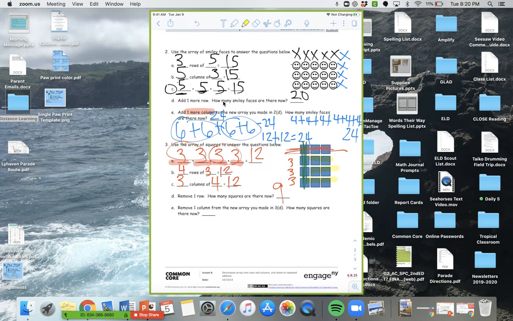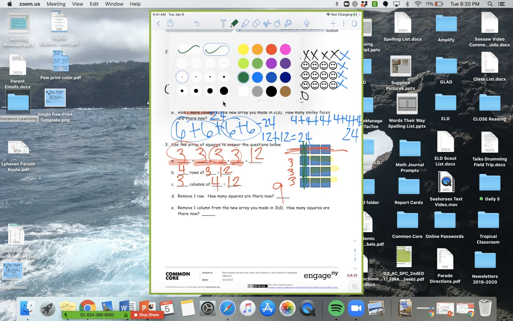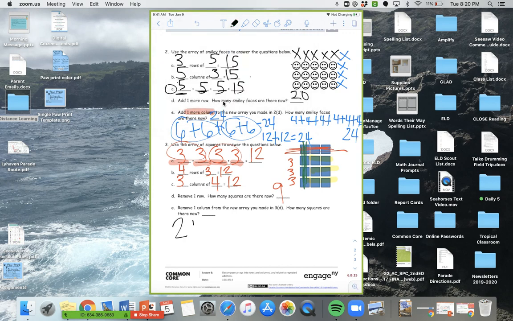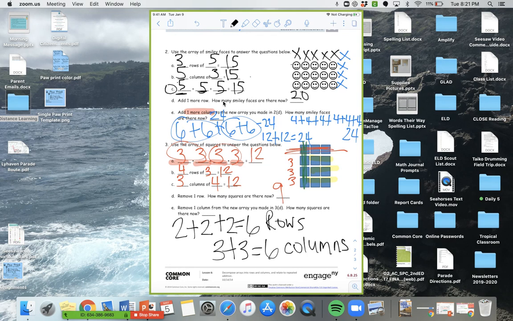So I could use the repeated addition equation that says 2 plus 2 plus 2, which is the columns, which equals 6. I'm sorry, the rows show 2 plus 2. Sorry, this is rows. And then 3 plus 3 would be the columns. Okay? So this is 6. All right?